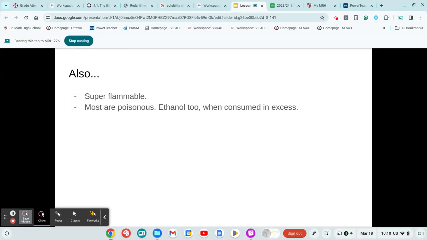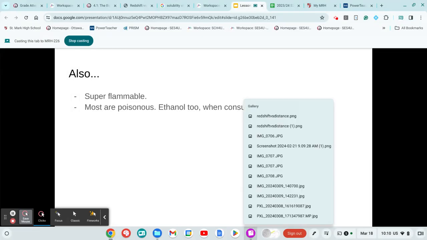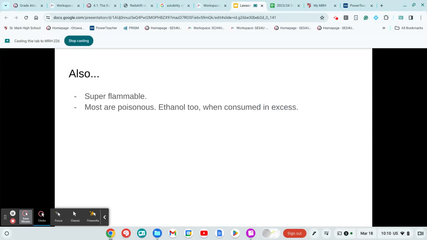Okay, so let's talk about this hydrogen bonding and the attraction for these molecules for themselves and for water. So there's a molecule of ethanol.